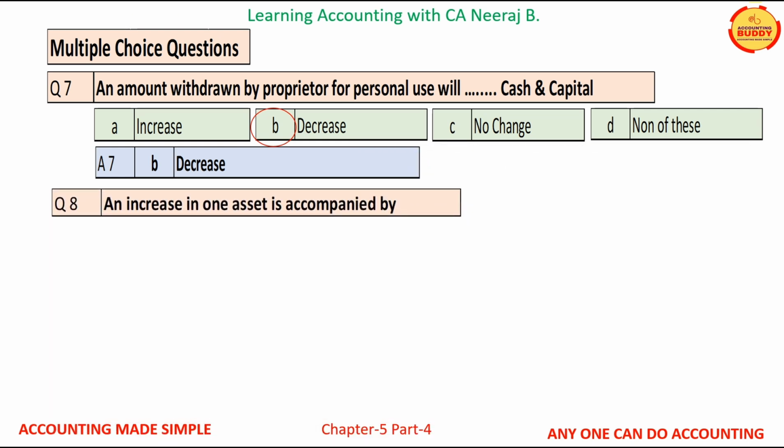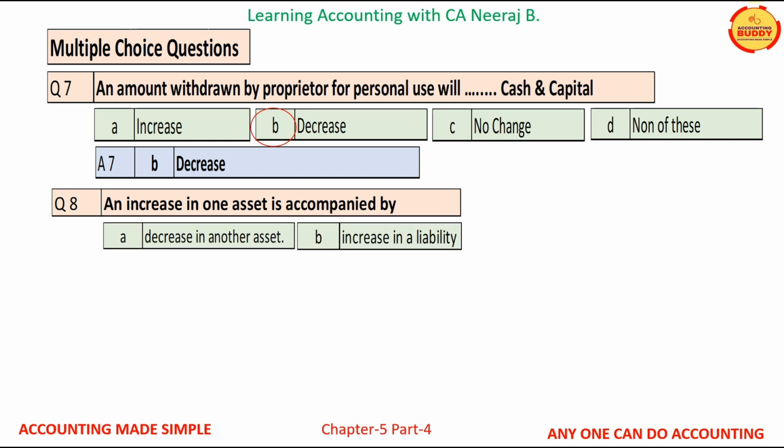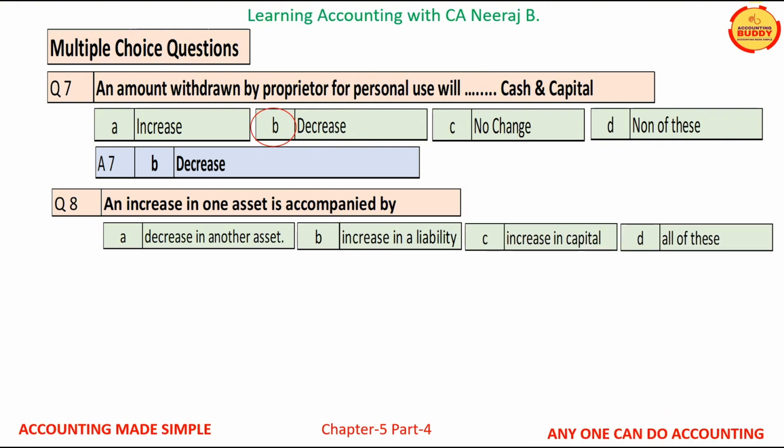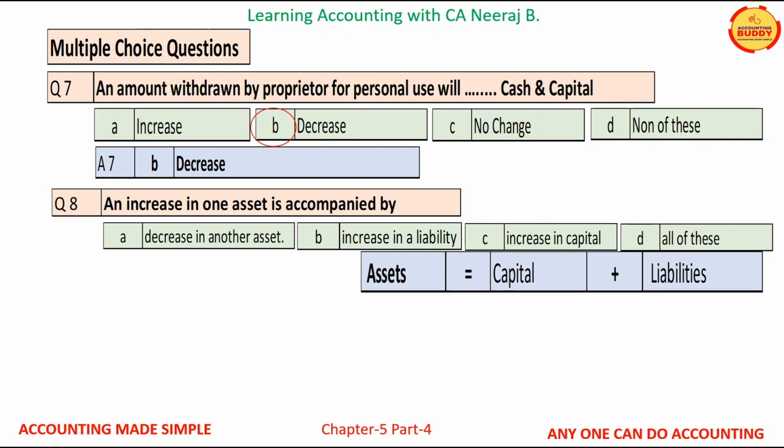Question number 8 on your screens is, an increase in one asset is accompanied by, and the options are option A, decrease in another asset, option B, increase in liability, option C, increase in capital, and option D is all of these. Before answering, let us understand this transaction with the help of the accounting equation.